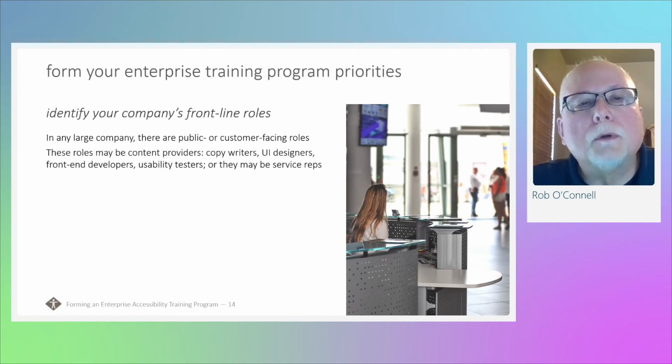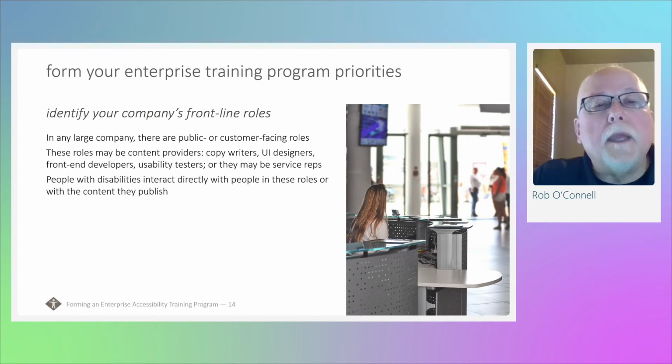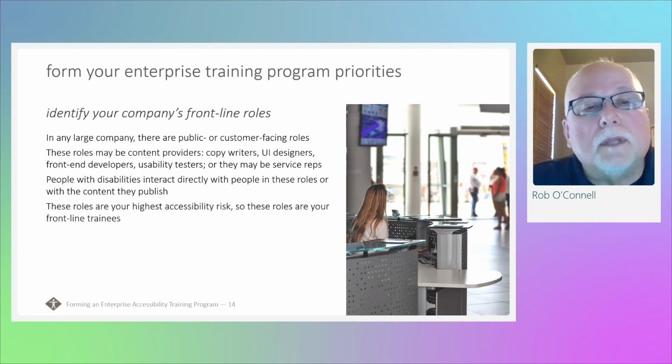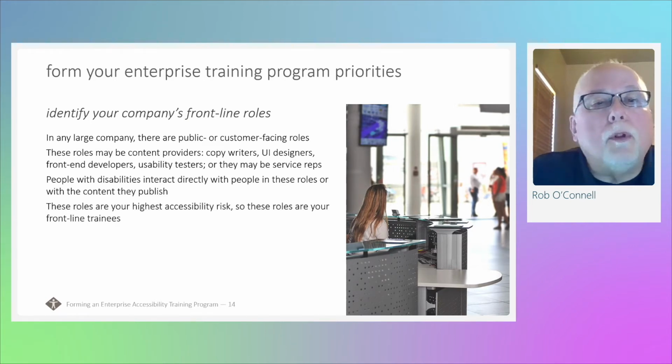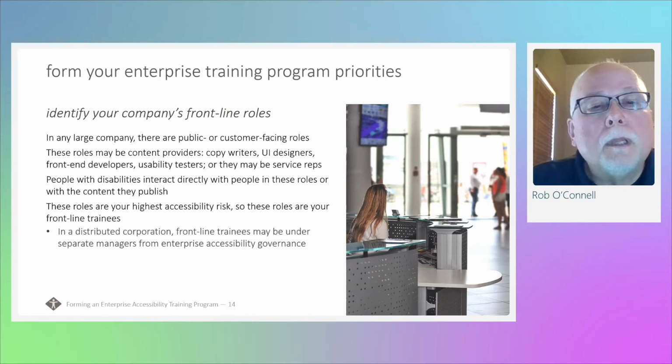These roles would be content providers, and they might be service reps as well. And these are people who would engage other people who have disabilities. They would either engage them directly or indirectly with the published content that they create. These roles, the frontline roles, are the highest accessibility risk to any company. And so these are the roles that we wanted to train to first.